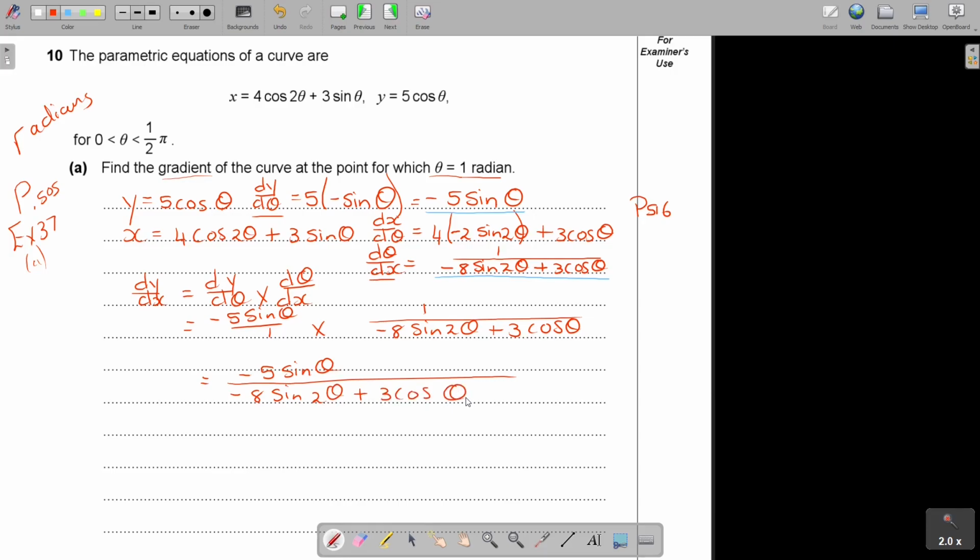Now, if theta is 1 radian, then if I substitute, it's negative 5 sin 1 over negative 8 sin 2 times 1 plus 3 cos 1.